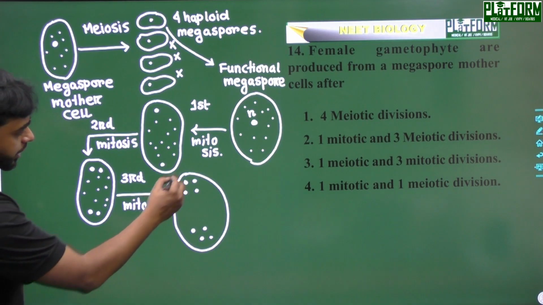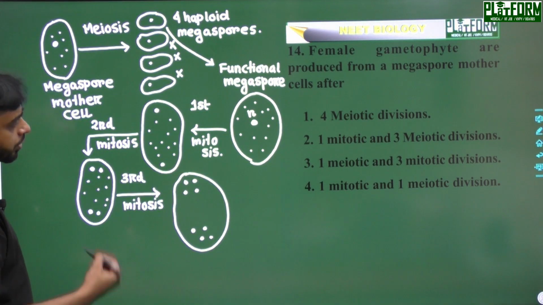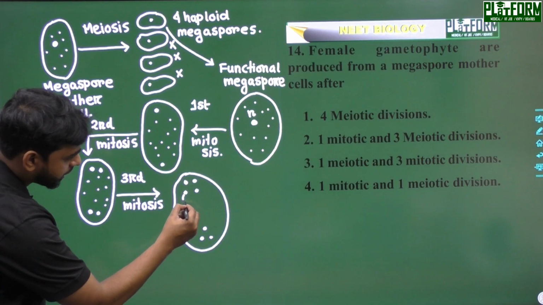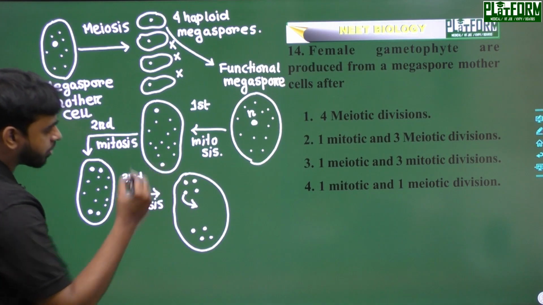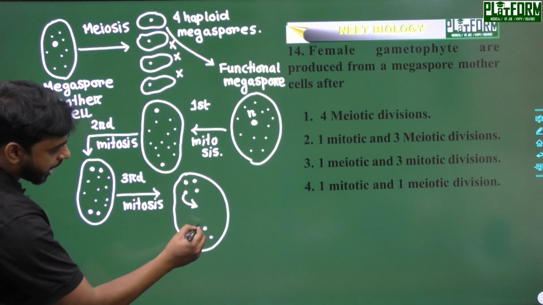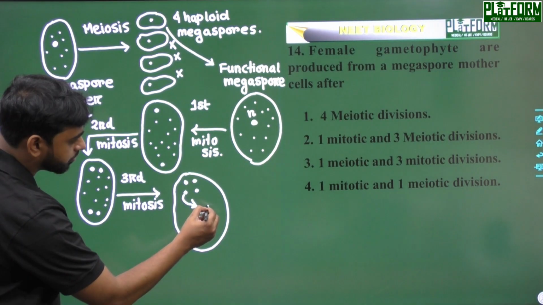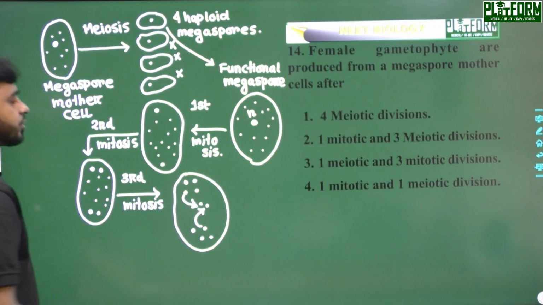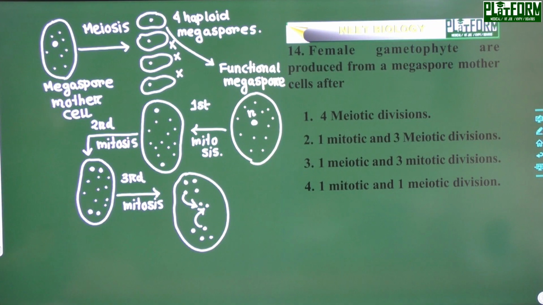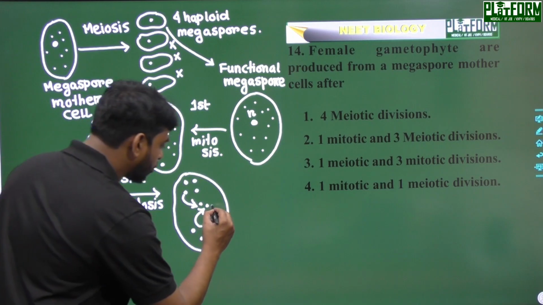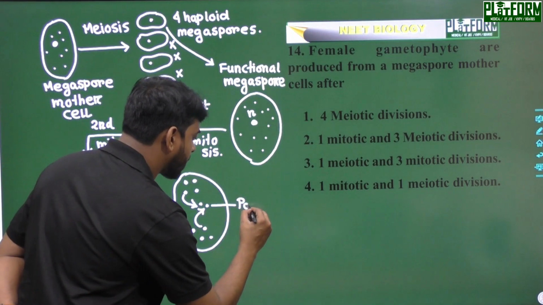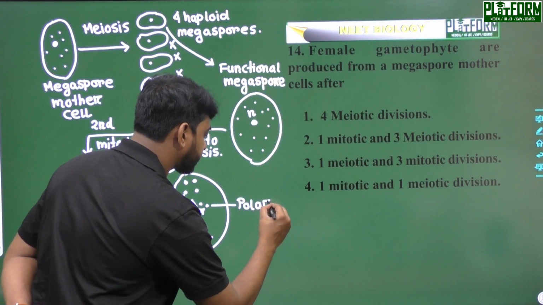Now what will happen among these 4 nuclei? One nucleus migrates towards the center from this pole and another nucleus migrates from this pole, and now these 2 nuclei are situated at the equatorial region. These 2 nuclei are considered as polar nuclei.